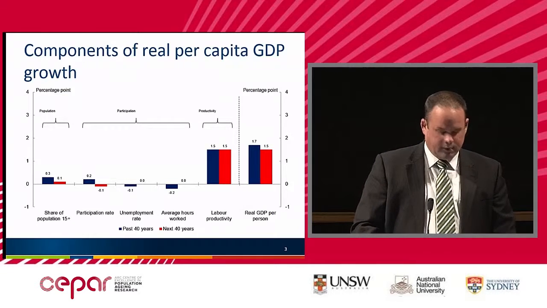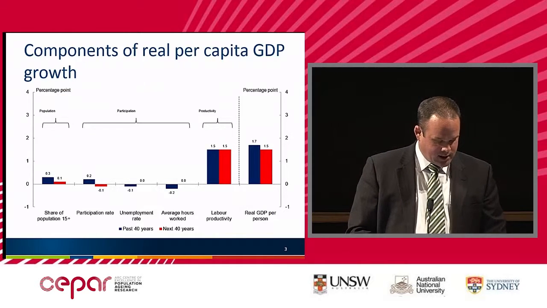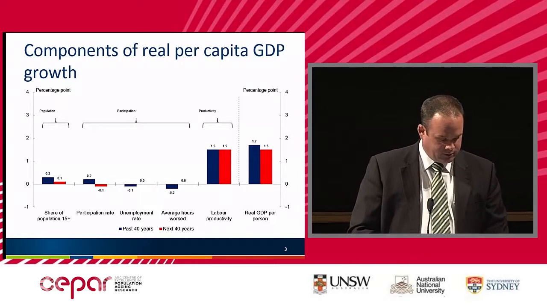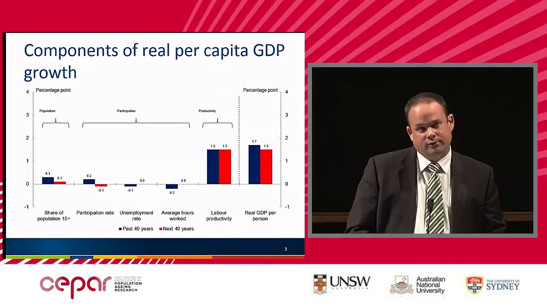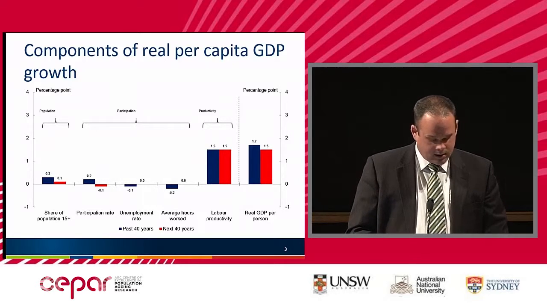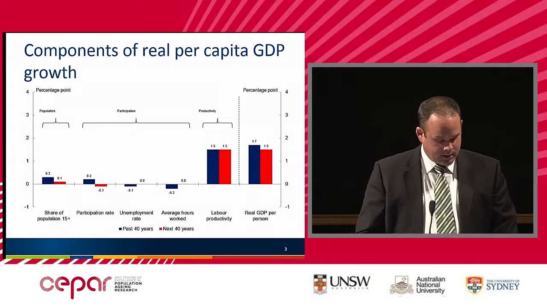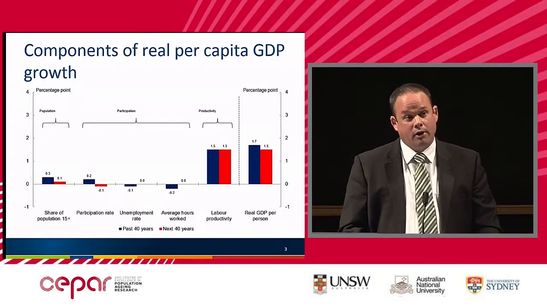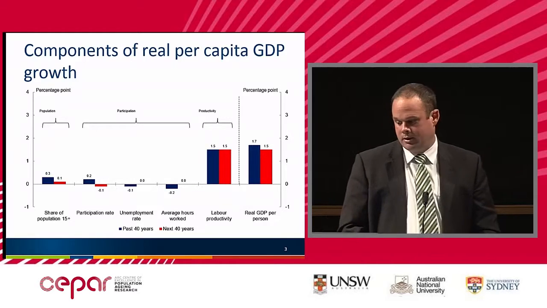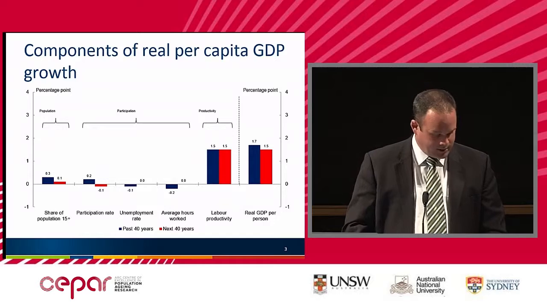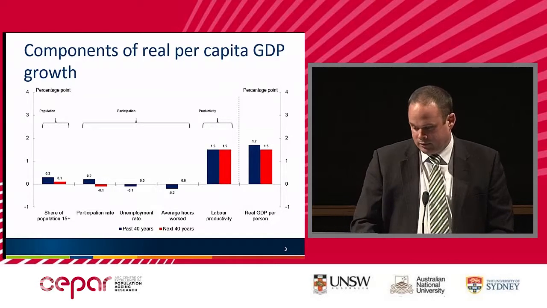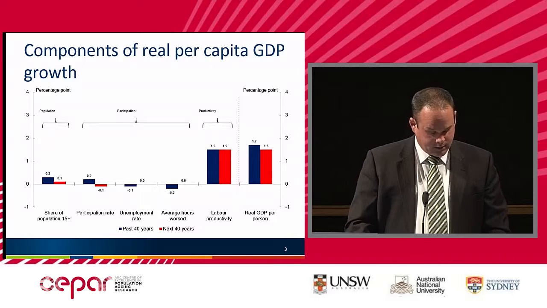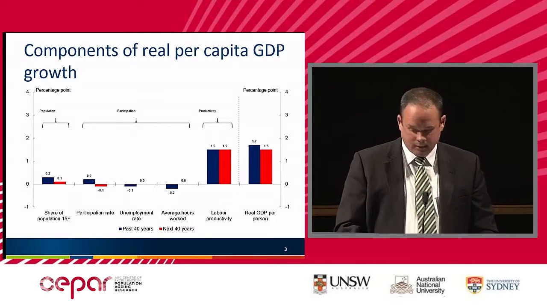One of the key economic messages of the 2015 IGR, as those before it, is that a strong economy is really essential as an ingredient in the fiscal sustainability equation. We project that growth in real GDP per capita will be lower in the next 40 years than in the past 40 years. And that's largely as a result of some of the demographic tailwinds slowing and then no longer contributing to growth as they had in the past.